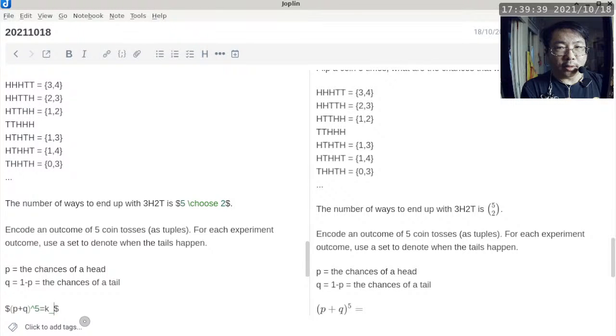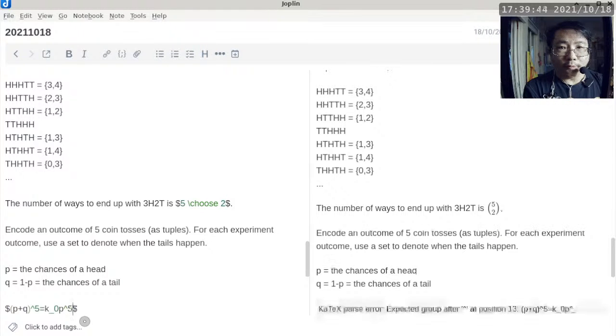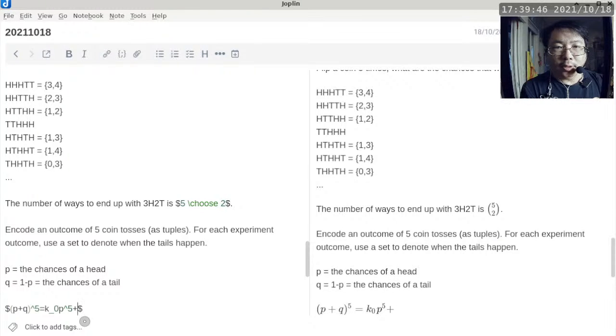I'm going to call this K0 times P to the power of 5, plus K1 times P to the power of 4 times Q, plus K2 times P to the power of 3 Q to the power of 2, plus K3.